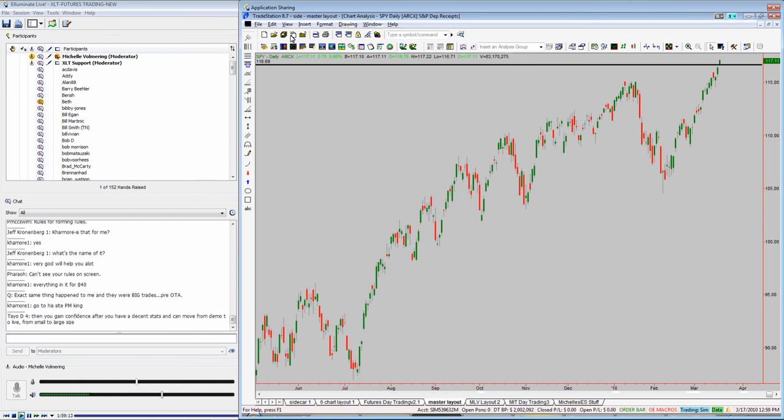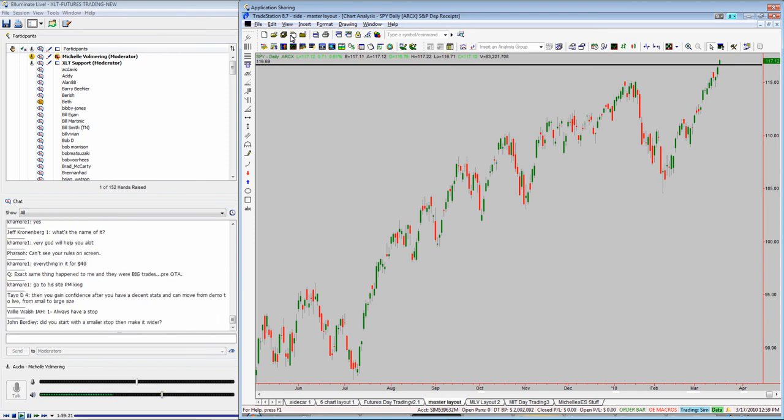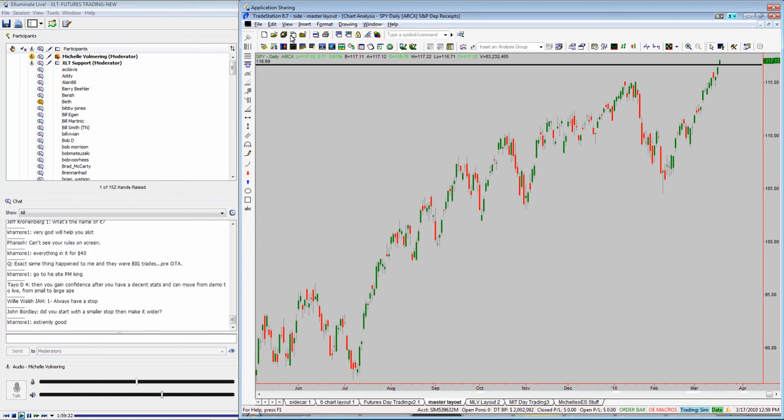Now, why is it that I'm interested in only taking 3 trades a day? Because Michelle Volmering used to have this habit when she was trading the S&P future, SPY and the Qs when she was trading the ETFs, where in 1 year, she spent $40,000 in commissions. Imagine that.